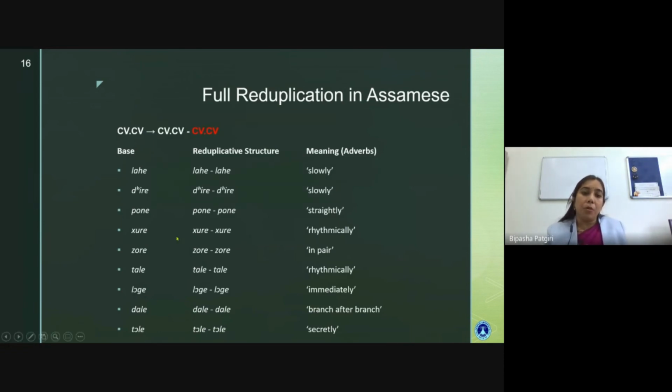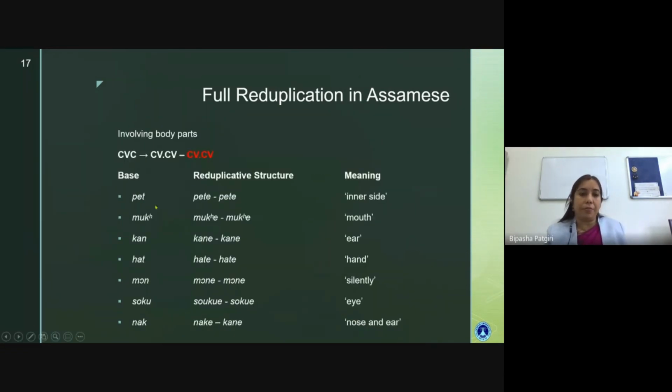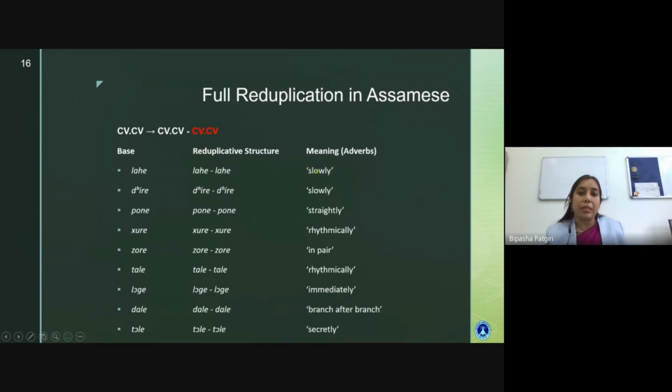Now there are some more examples. As you can see, these all give meanings like adverbial phrases. So CV, which is the base, is totally reduplicated because it's a full reduplication process, giving us lahe lahe, to express the manner adverb, that is, slowly, etc.